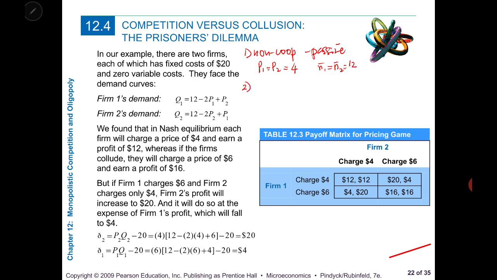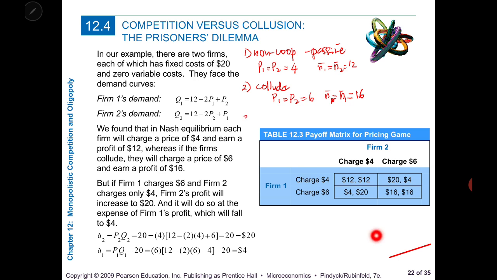And the other model, which is collusion, both firms decide to collude and they are able now to charge a higher price and obtain a higher profit by deciding to act as a single entity. Their profit will be 16.